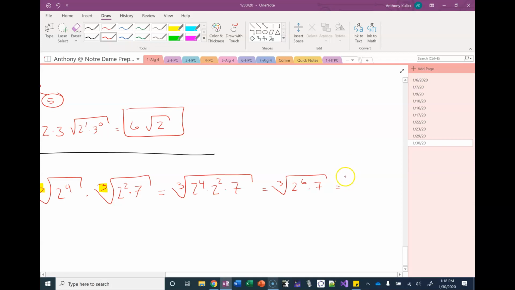You mean cube root 7. Okay, instead of writing 2 to the 2nd, though, I'm going to write 4. How's that? Okay.